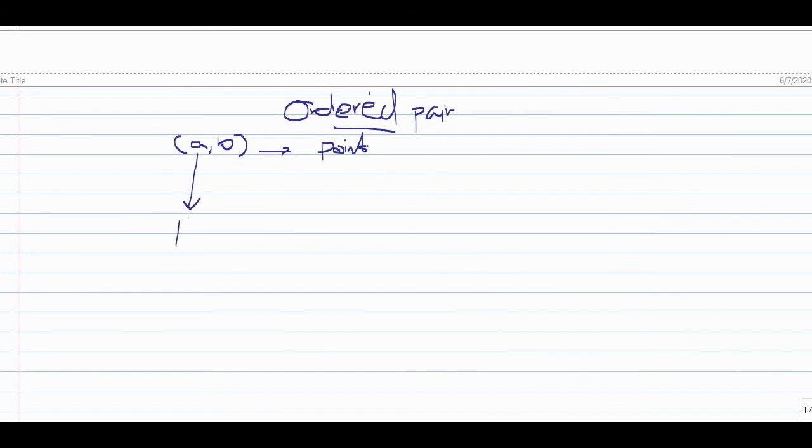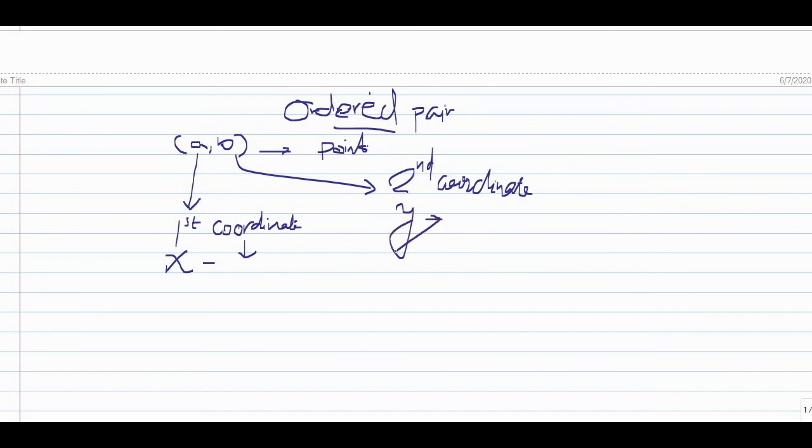The first term is named as first coordinate or x coordinate, and the second element is considered as second coordinate or y coordinate.